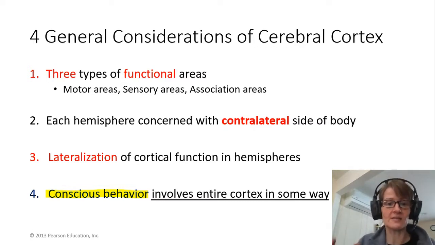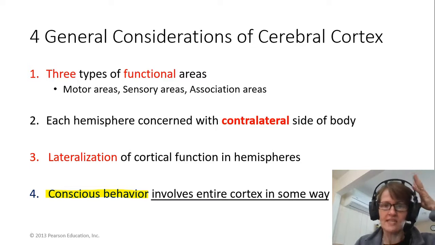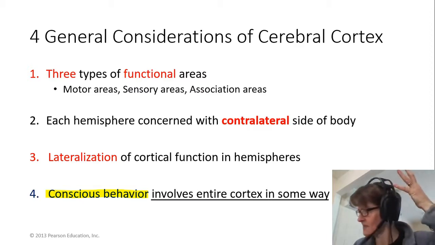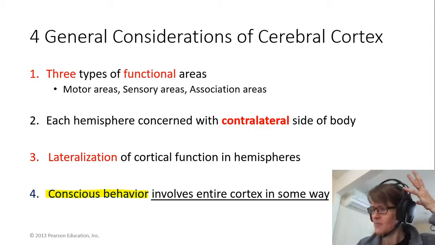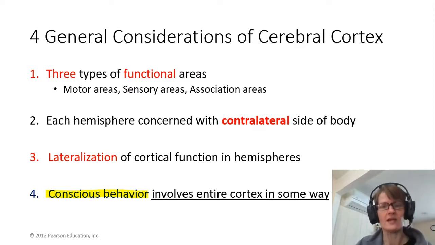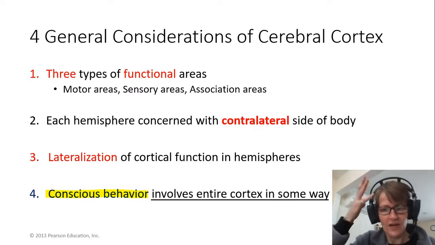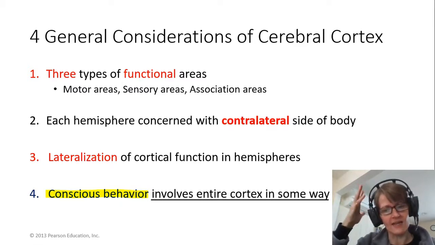So then the next point is that we have this lateralization. In our left side of the brain, we deal with logic and language and math skills and those sort of things. On the right side of our brain is much more our artistic side of things.